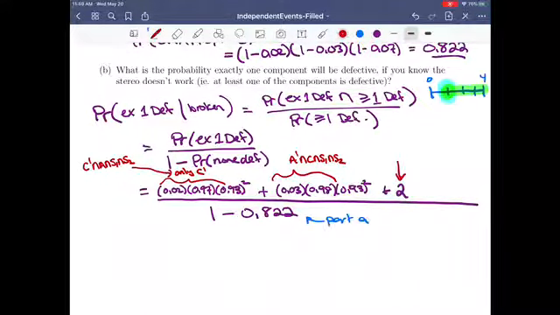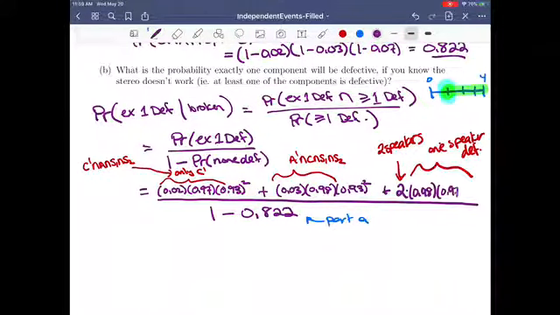So 1 speaker is defective. I'm not going to say which one because I'm doing it for both. That means the CD player works, so 0.98, the amp works, 0.97. One speaker is defective, that's 0.07, and 1 works, that's 0.93.